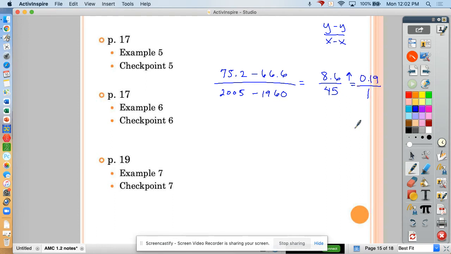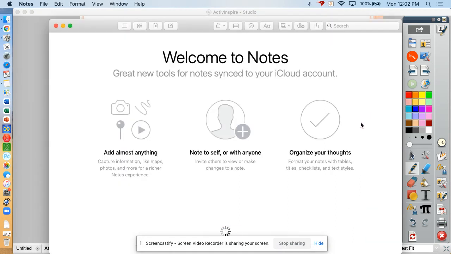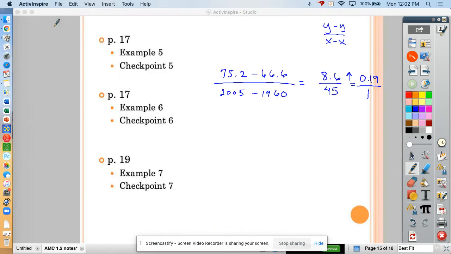And again, it's over 1. You don't have to put the 1 there, but this just means that for every year I go over, I'm going to go up 0.19 years, or a month and a half or something like that. So that's what this number is talking about. All right, so this is what we have for our slope, or our life expectancy increase.